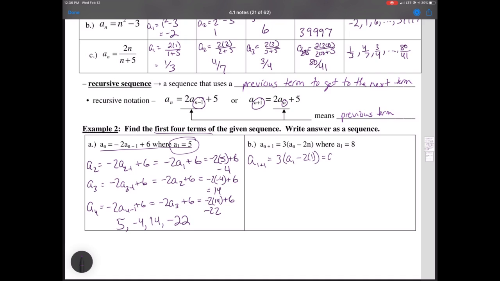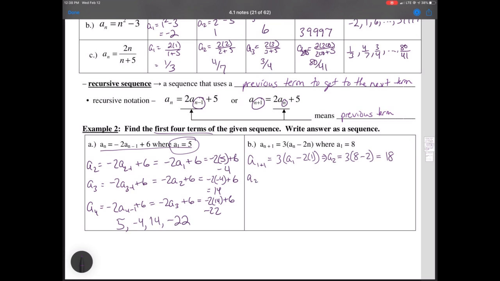And that gives me a sub 2 equals 3 times 8 minus 2, which equals 18.